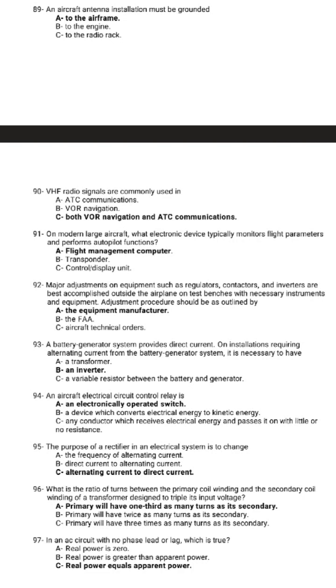A battery generator system provides direct current. On installations requiring alternating current from the battery generator system, it is necessary to have an inverter. So a battery generator system provides DC, and on installations requiring AC it is necessary to have an inverter.